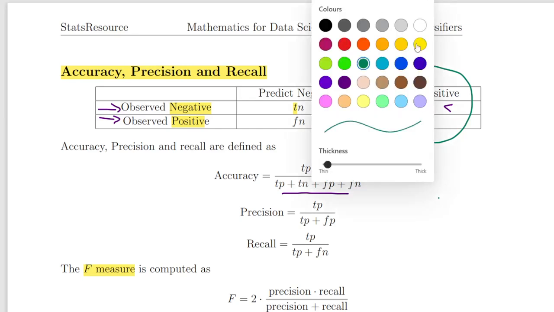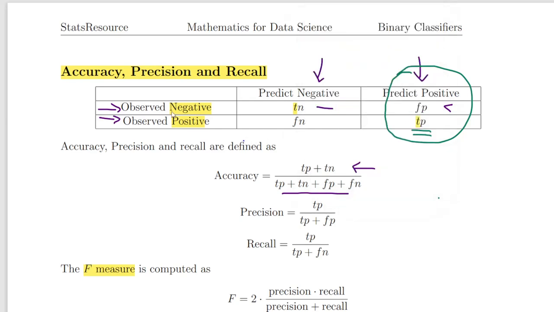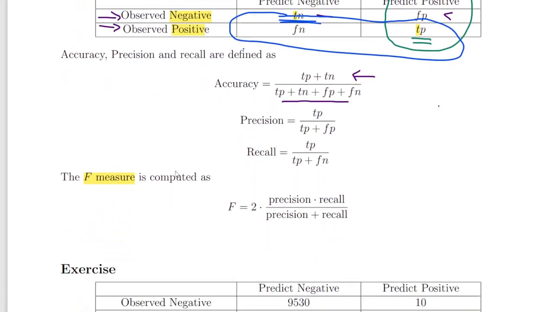Then we have the recall, which is the total number of true positives out of all of the observed positives. Essentially we're disregarding the true negatives and just looking at the predicted positive column and the observed positive column, assessing how many were correct in each case. Finally, we have the F measure, a way of combining the two results.